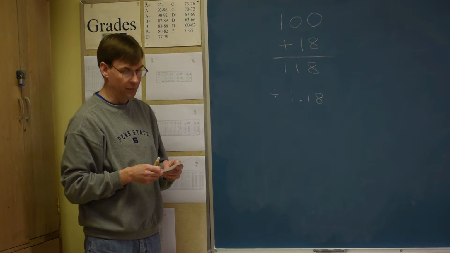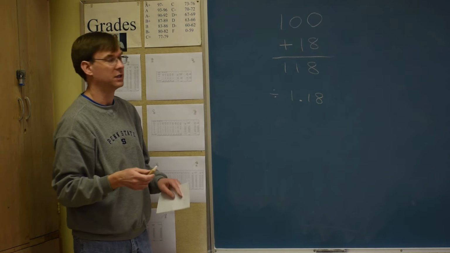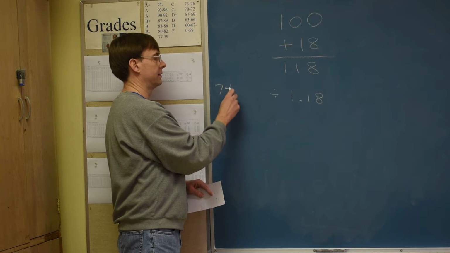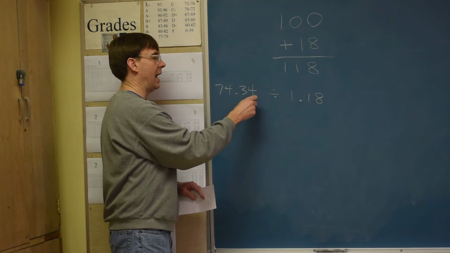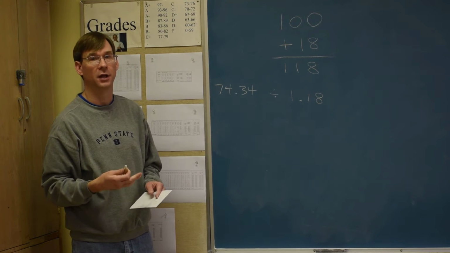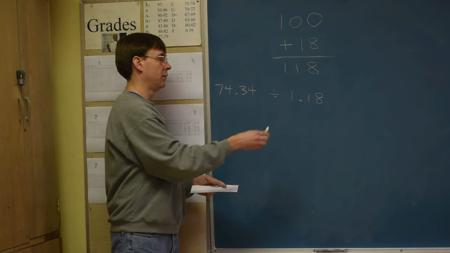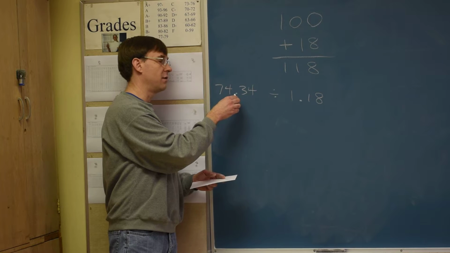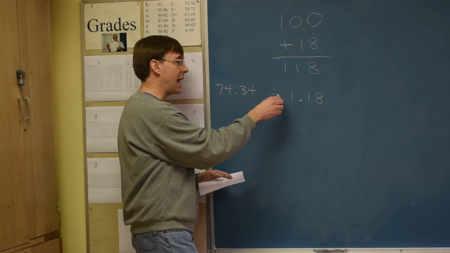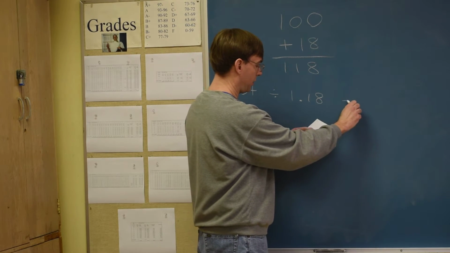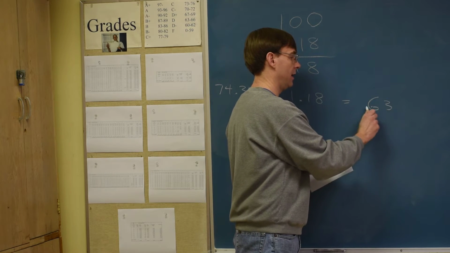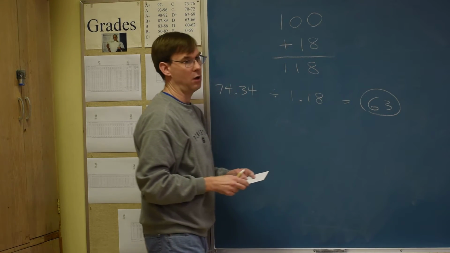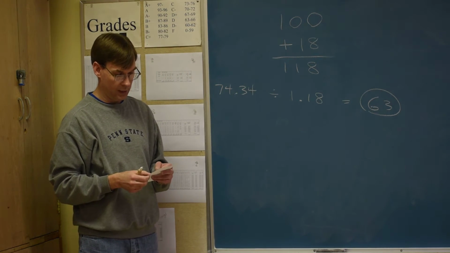And I tell you something like your credit card gets billed for $74.34. And I ask you, how much was the check originally before you added on the tip? Take the $74.34 final, divide by the number we came up with, and that should punch in and give you $63 was your original bill.